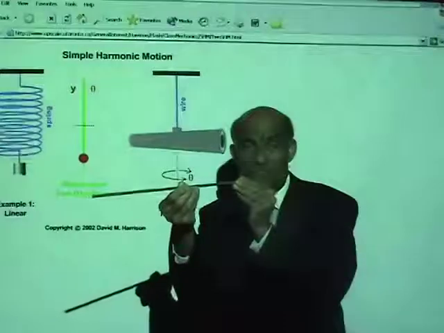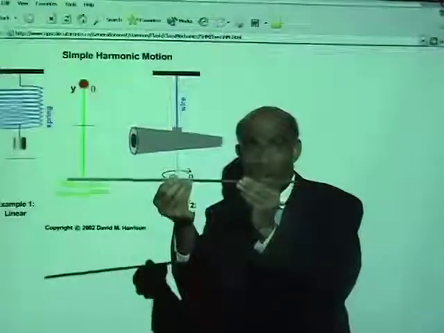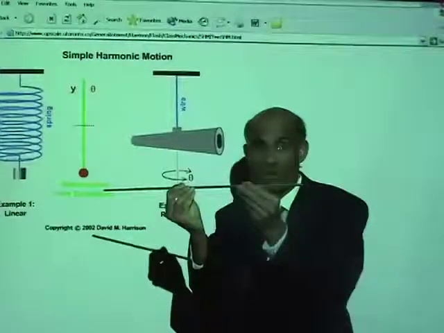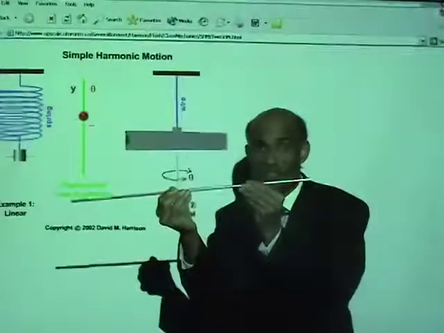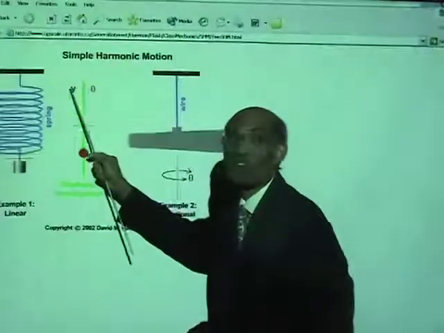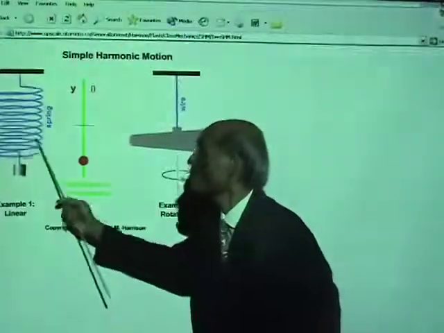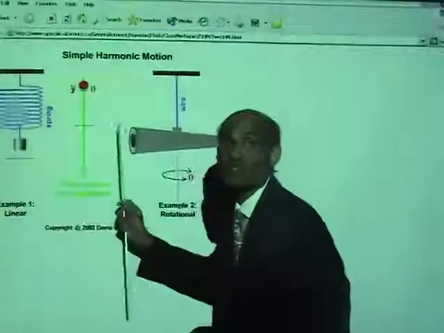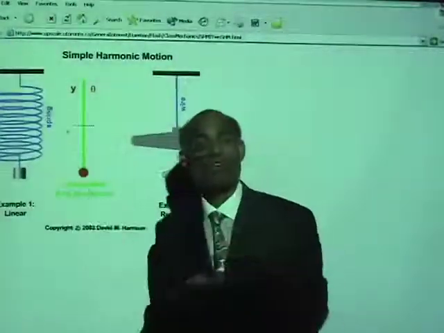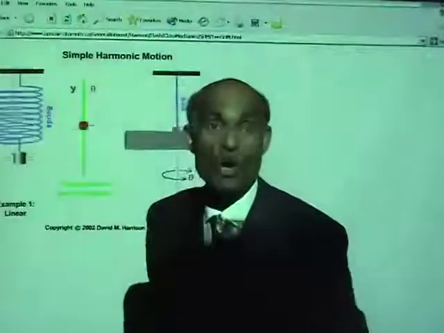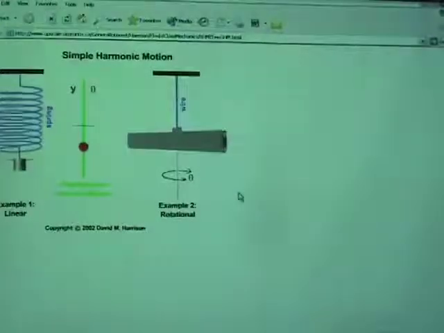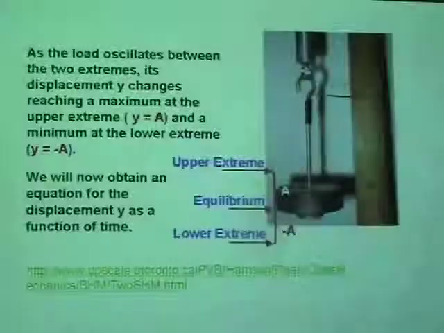Theta increases to a maximum and then decreases to 0, decreases to a minimum, and then increases the same way as y changes. So y for this kind of oscillation and theta for torsional oscillation follow the same kind of change. Alright, let's go and look at another example.